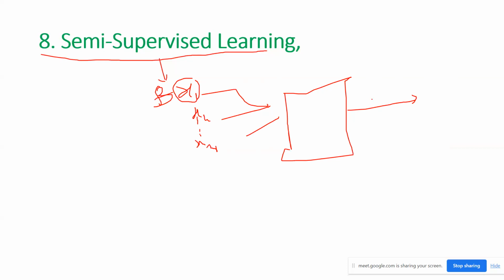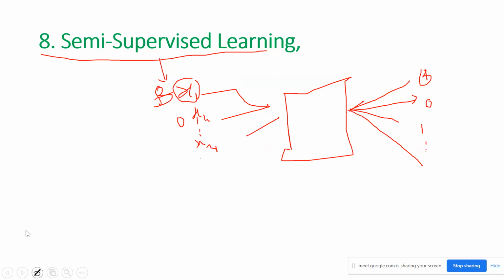Based on this input, it classifies this as banana. The second input is orange. Based on the input, our classification output will be orange. It is classifying banana, orange, mango, and some other fruit. So like this, it performs the classification.